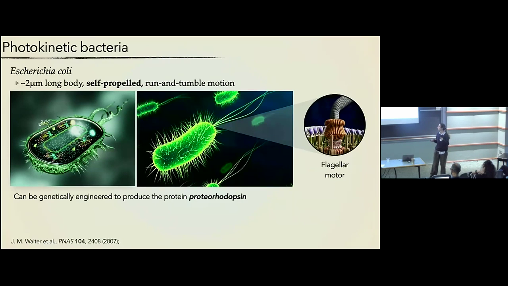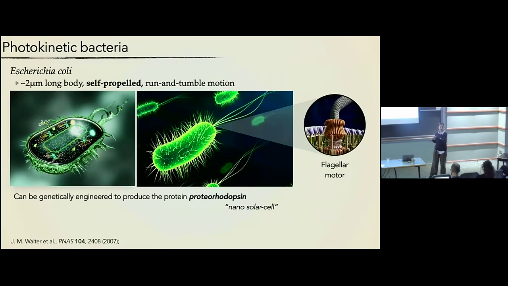But when E. coli are modified to produce this protein, it acts, naively, as a nano solar cell that captures the light intensity of the environment and transfers the energy to the motor, and the more light it captures, the faster the motor spins and the faster the cell moves. So that is why it's photokinetic.